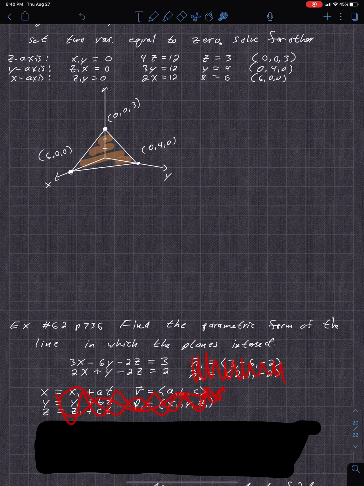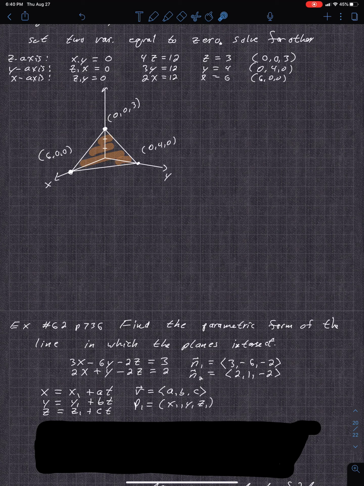Well, you can read off the normal vectors. Now, what am I looking for? To determine that line, I need a direction vector and I need a point. I need a point that's in both planes, and I need the direction vector.